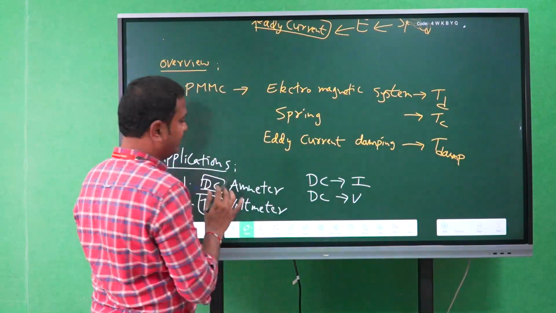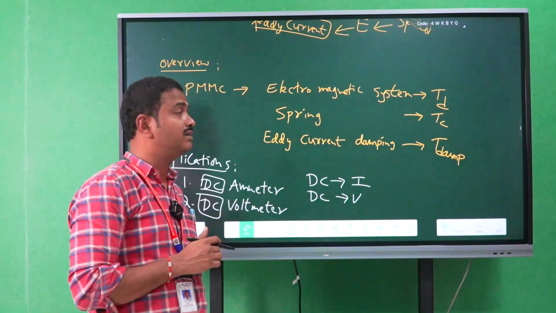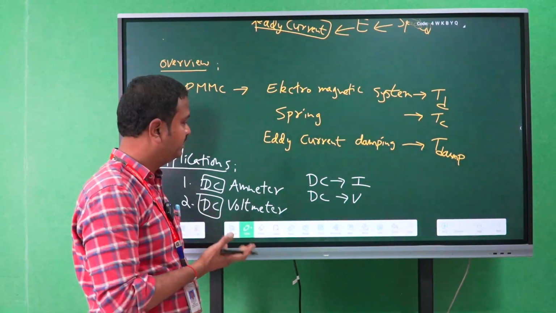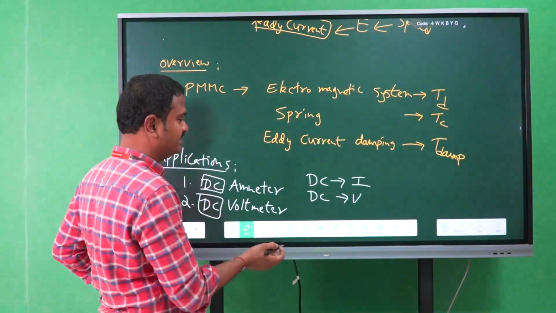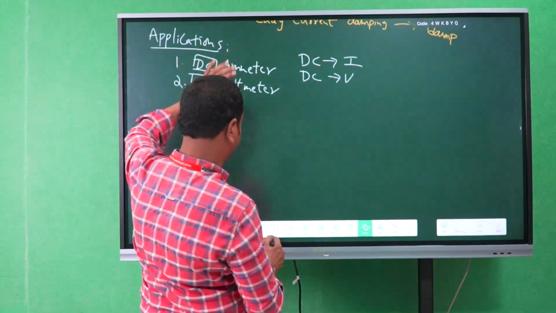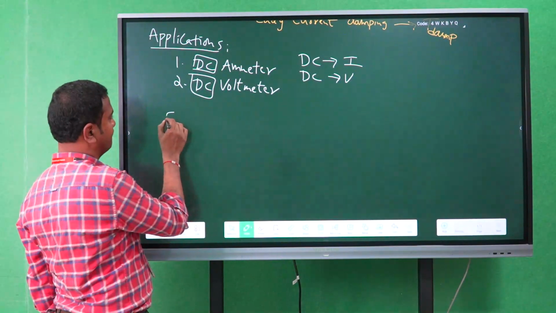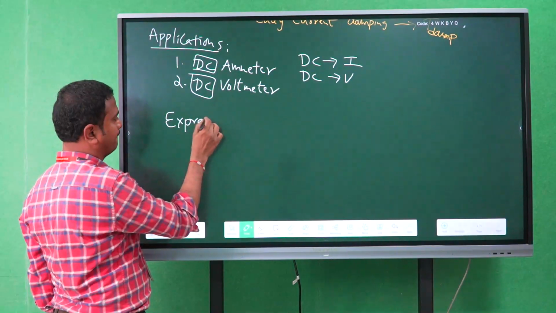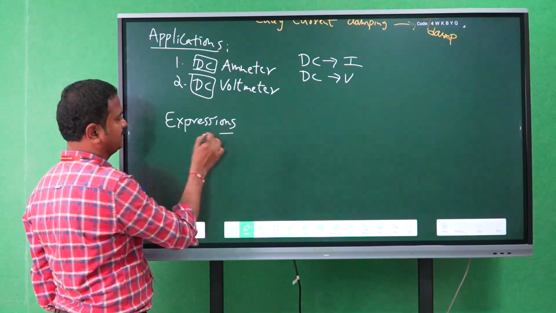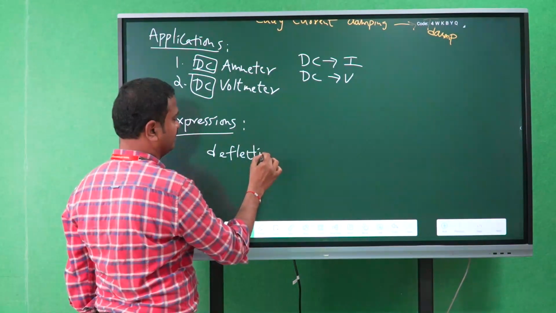Okay, so why the PMMC instruments are not indicating the AC quantities? Because due to the expression. For example, expressions. So now deflecting torque expression.